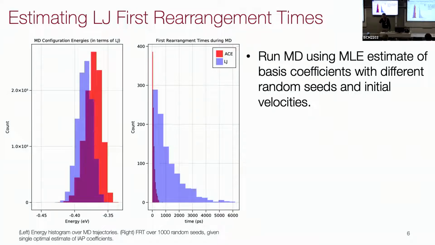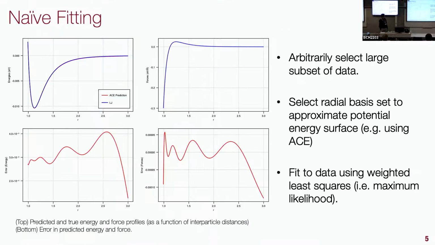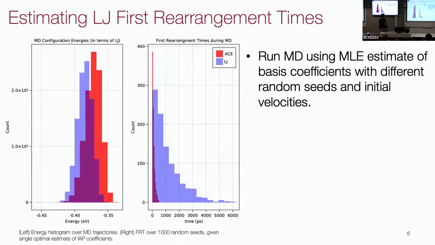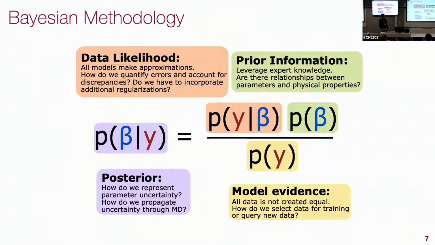So this is quite puzzling, because how do I square these two facts: that I get my energy and forces quite spectacularly, but when I run long MD trajectories, this particular QOI, which might be more sensitive to differences in errors, is so badly estimated. So hopefully that has piqued your interest at the beginning.